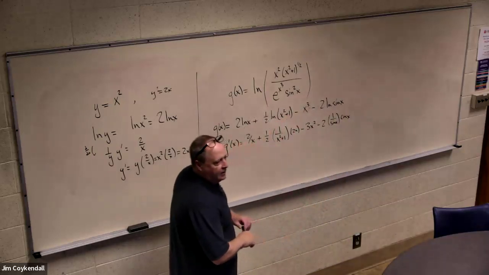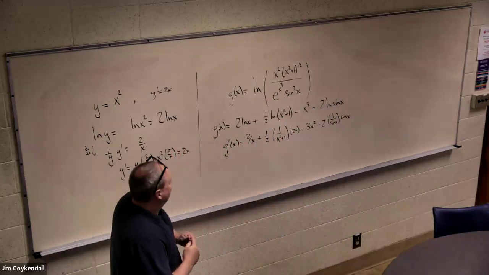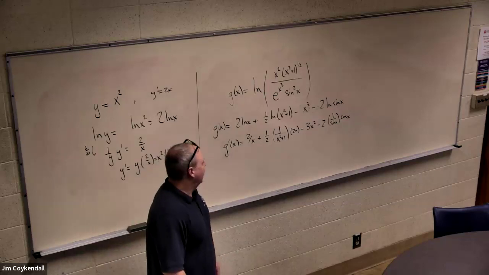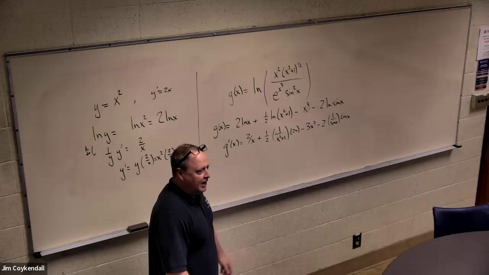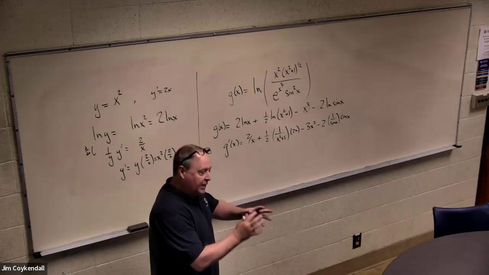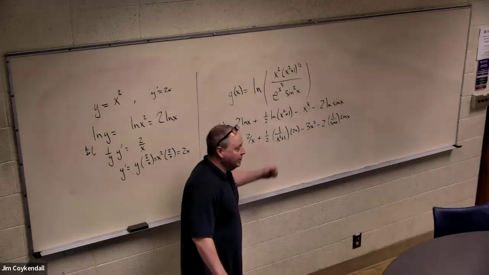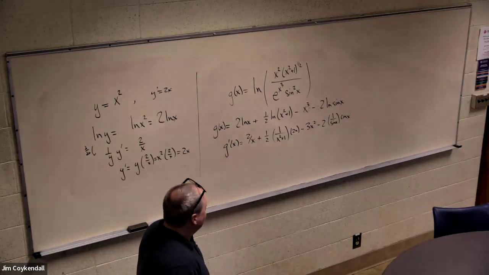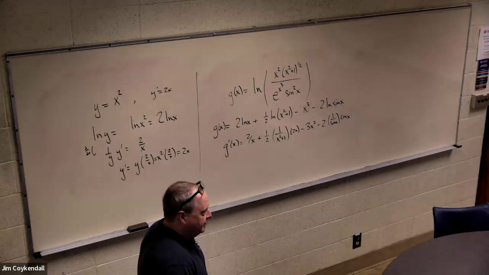There you go. So you could leave this in this huge, nasty fraction form. If you don't have much of a social life and have time on your hands, you can sit there and mess around with that fraction. Everybody see that?